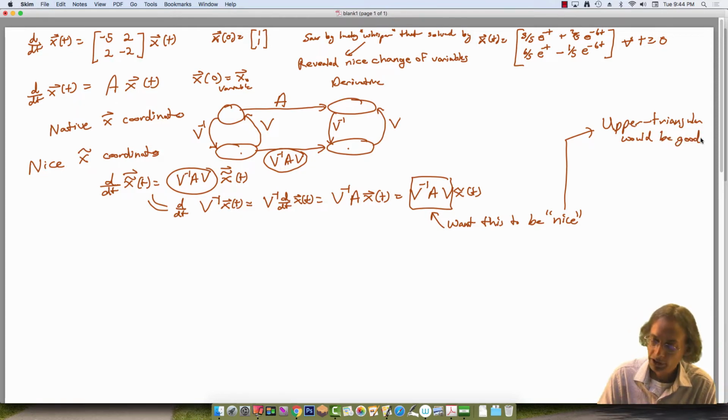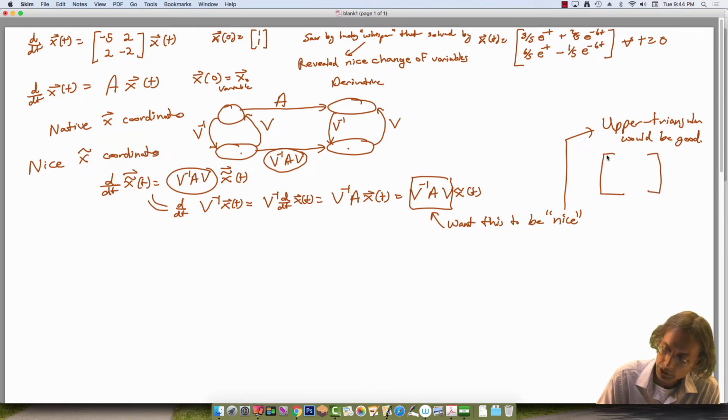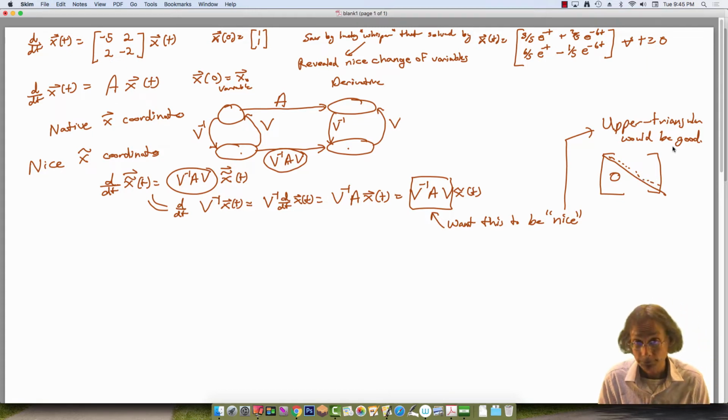Why would upper triangular be good? Because if this matrix were upper triangular, then at the bottom here, we would get a scalar differential equation. Having gotten that scalar differential equation, we could solve it and treat this as an input to the previous differential equation and keep going. So that's good.